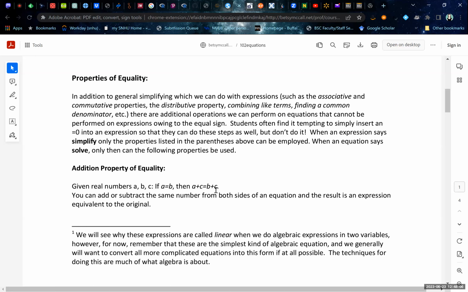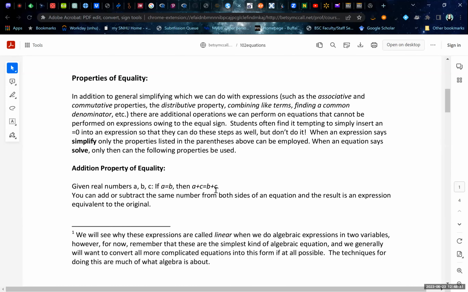And because addition and subtraction are essentially the same thing, just with positive or negative numbers, this basically means that if I have an equation, an equality, then I can add or subtract the same thing to both sides of the equation. And I won't change the equivalency of the two sides.